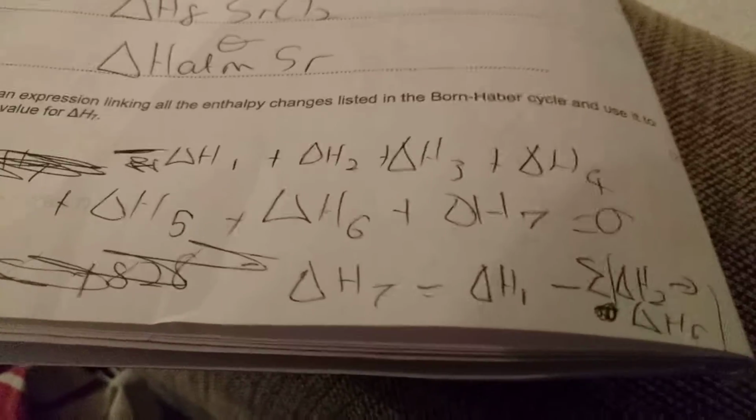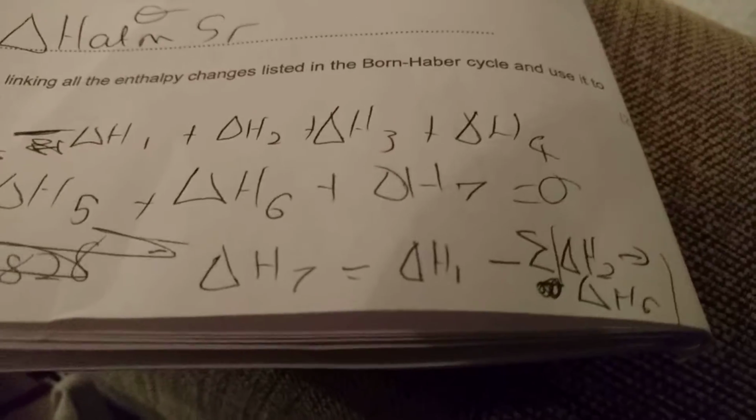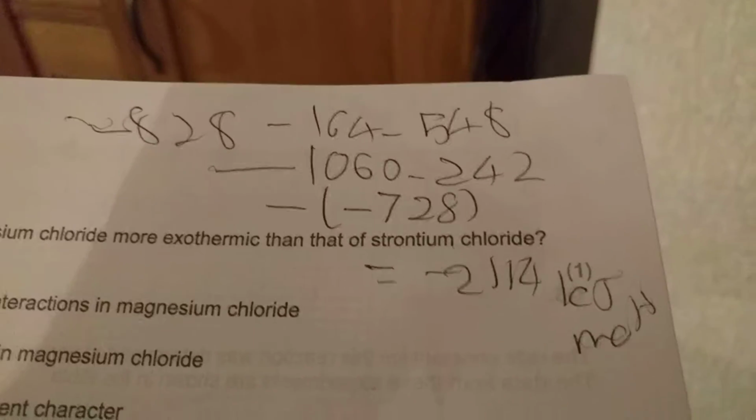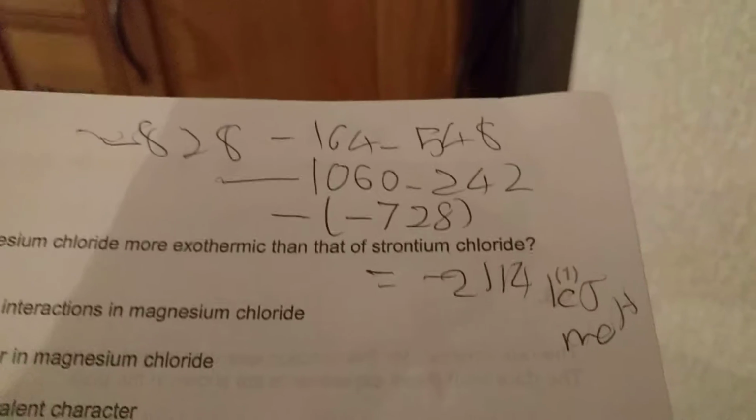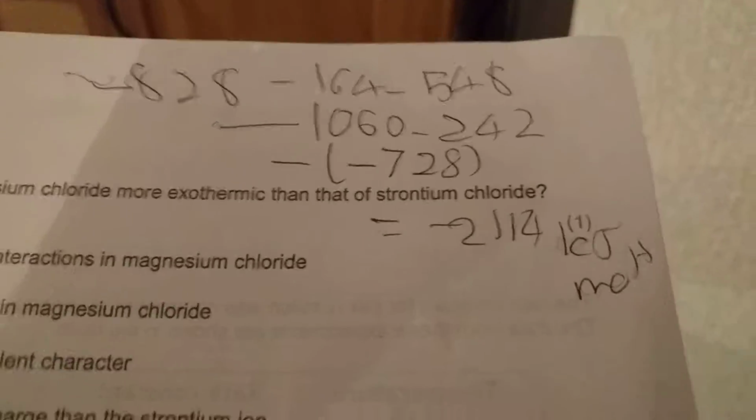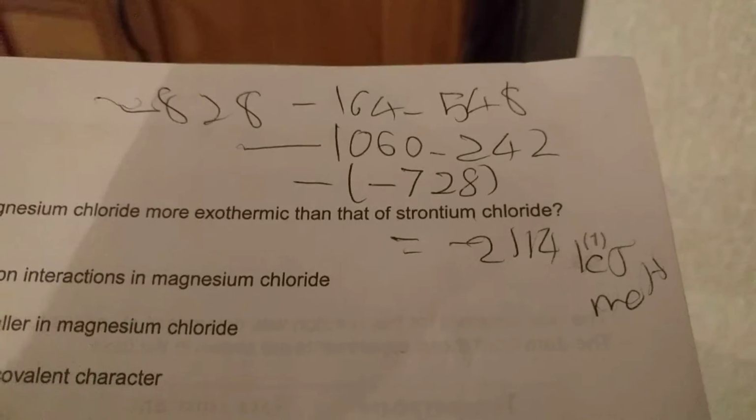Then rearranging, I end up with delta H7 equals delta H1 minus the sum of delta H2 to delta H6. If I plug my values in, that gives me an answer of minus 2,114 kilojoules per mole.